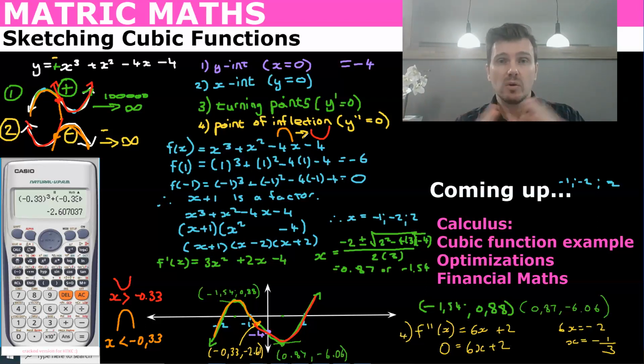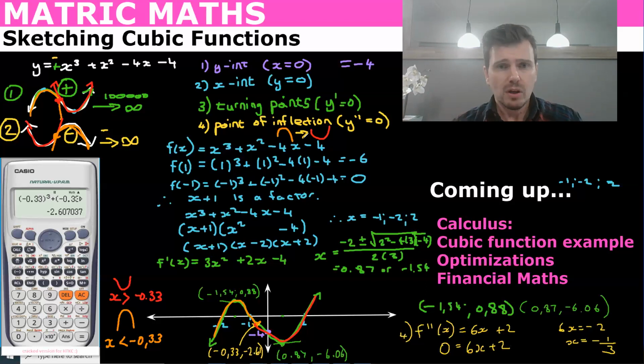Where it's equal to 0, those are our 2 turning points, which we then sub back into the original equation to find the y-values. And then the other thing we learned is the point of inflection, which is where the graph changes from concave down to concave up, or concave up to concave down. And that is where the second derivative, in other words, the derivative of the derivative, is equal to 0.